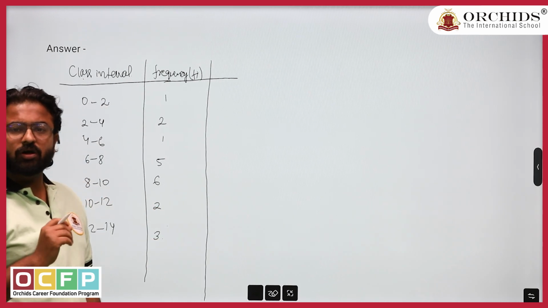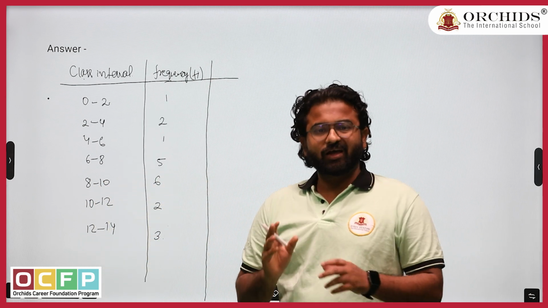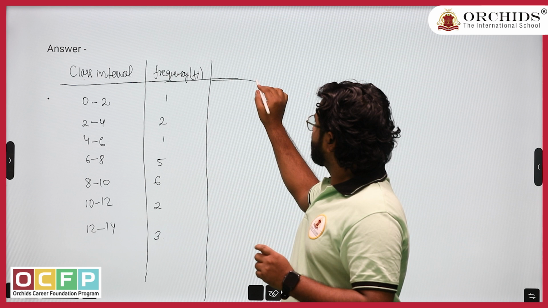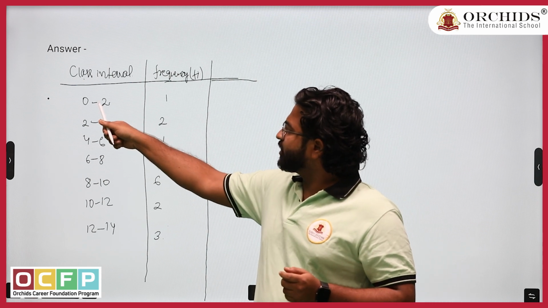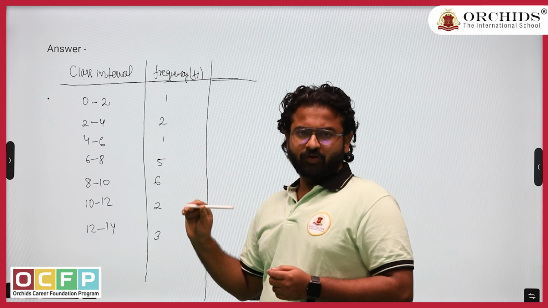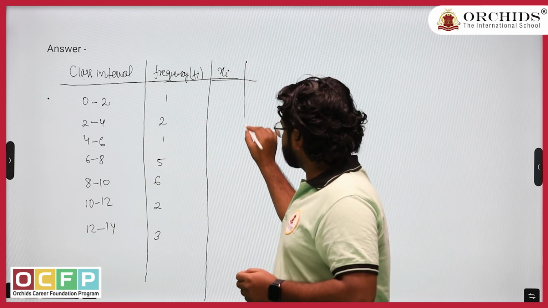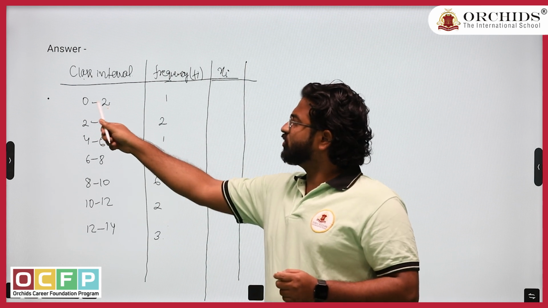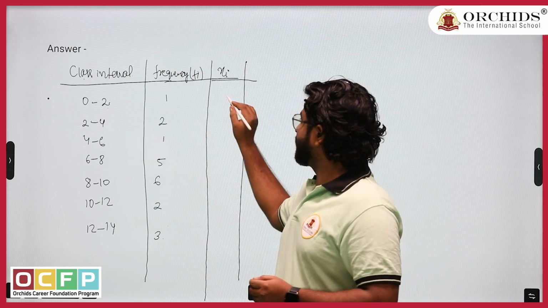So in our formula, what do I require? I require fi xi. Xi means class mark. How do we figure out the class mark? Class mark is upper limit plus lower limit by 2, or you can say the mid value. So xi is your class mark. 0 plus 2 is 2, divided by 2 is 1.